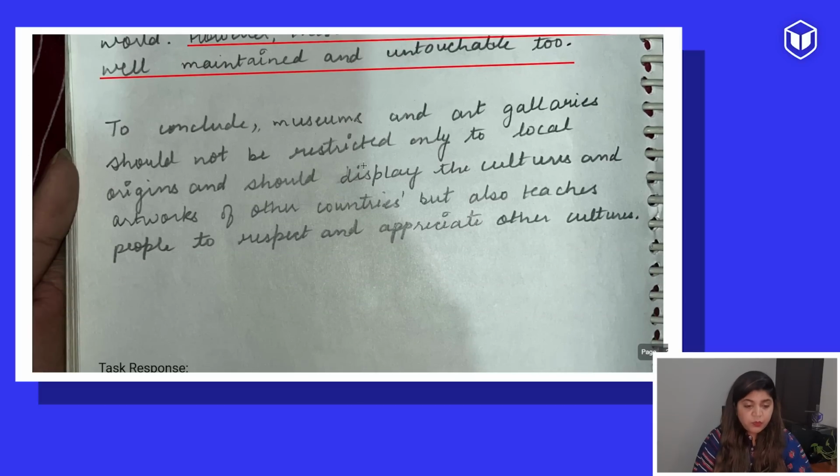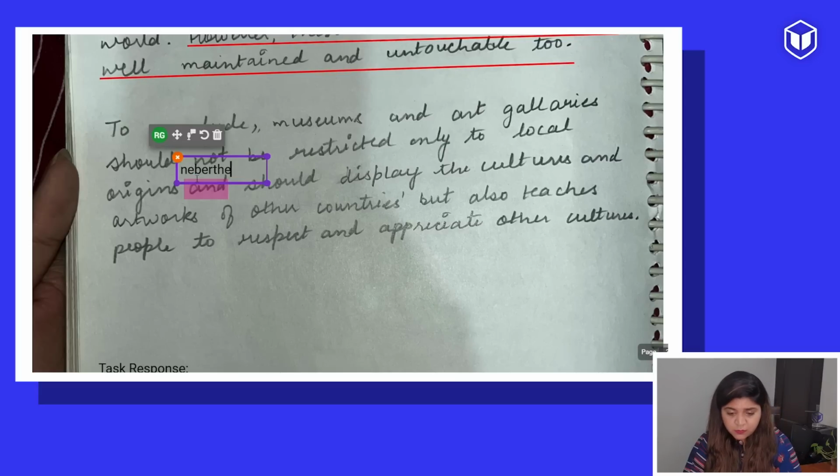To conclude, museums and art galleries should not be restricted only to local origins and should display instead of and, because contrasting information is there, no? So we can write nevertheless. Right?